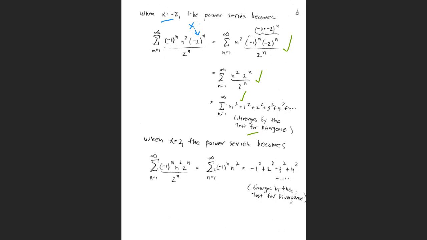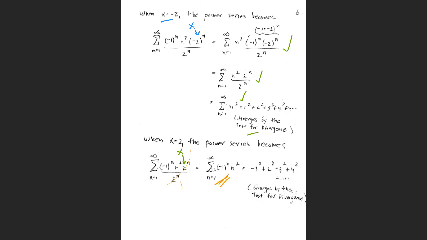But now at x equals +2, we substitute in x equals +2, and of course something nice happens here. We get a little bit of simplification, and we're left with the alternating series, -1 to the n times n squared.